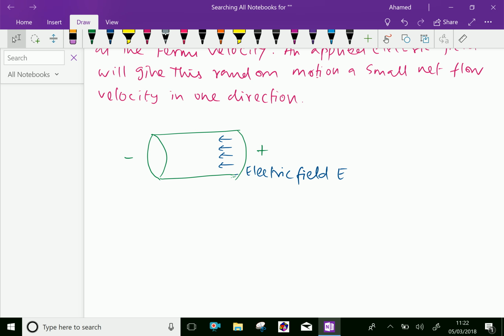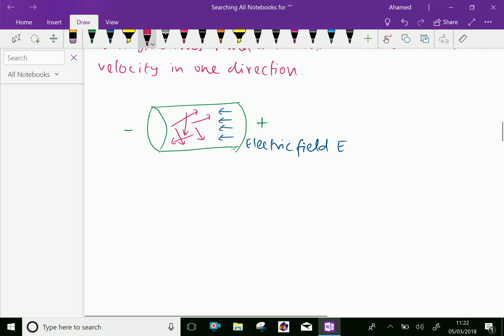Let us indicate by using some arrows like here. These are the drift velocity.